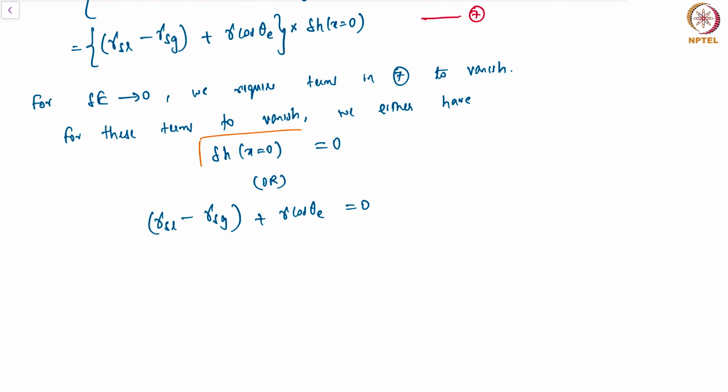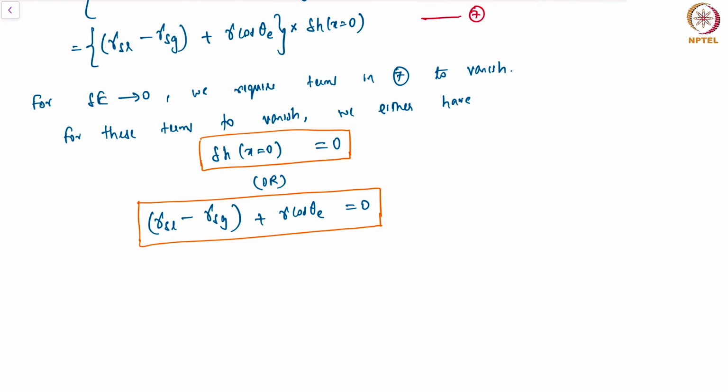So it's a product of two terms. Either the variation of the height at x equal to 0 will vanish, or there is a relationship between the various surface energies involving the contact angle as well. Either this is satisfied or that is satisfied.